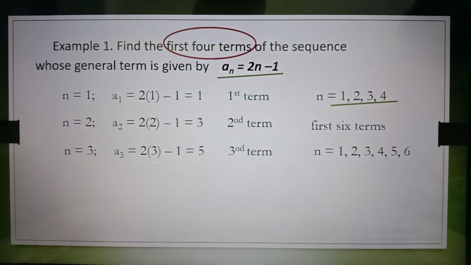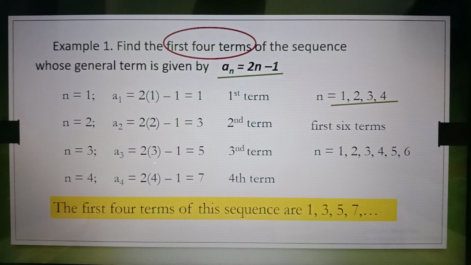And 5 is the third term. When n is 4, a sub 4 equals 2 times 4 equals 8 minus 1, which is 7. So therefore, our first 4 terms of this sequence are 1, 3, 5, 7, and so on.